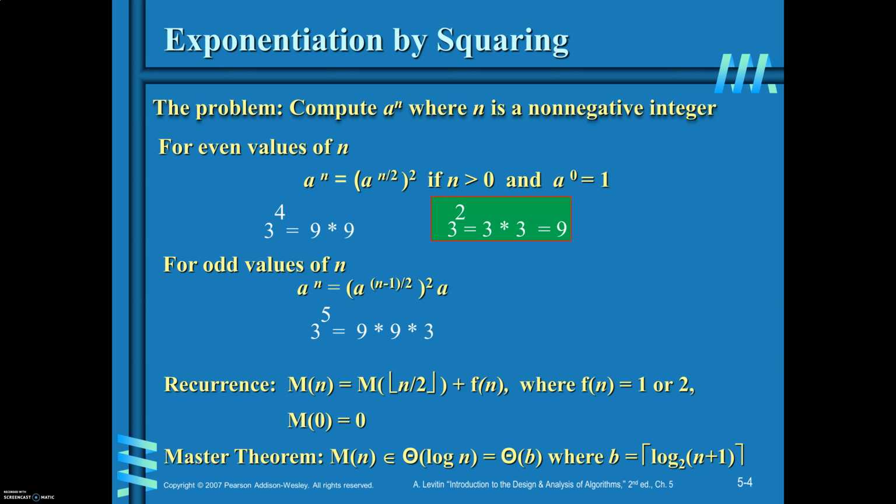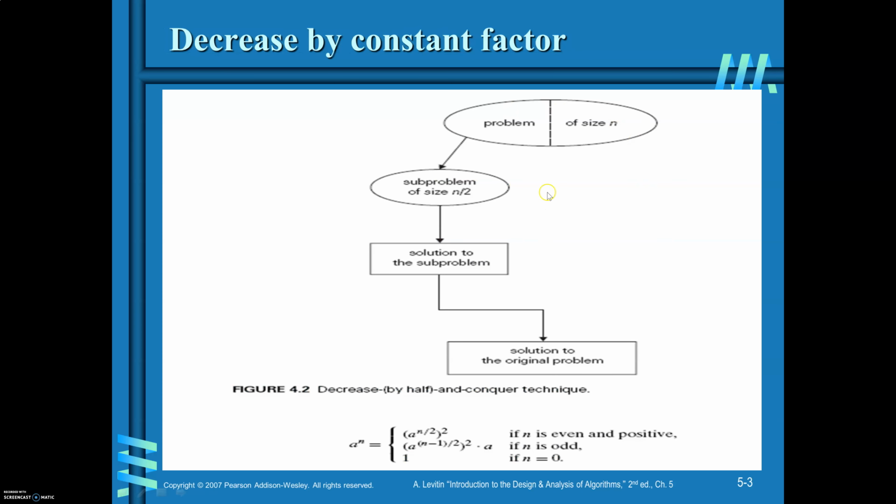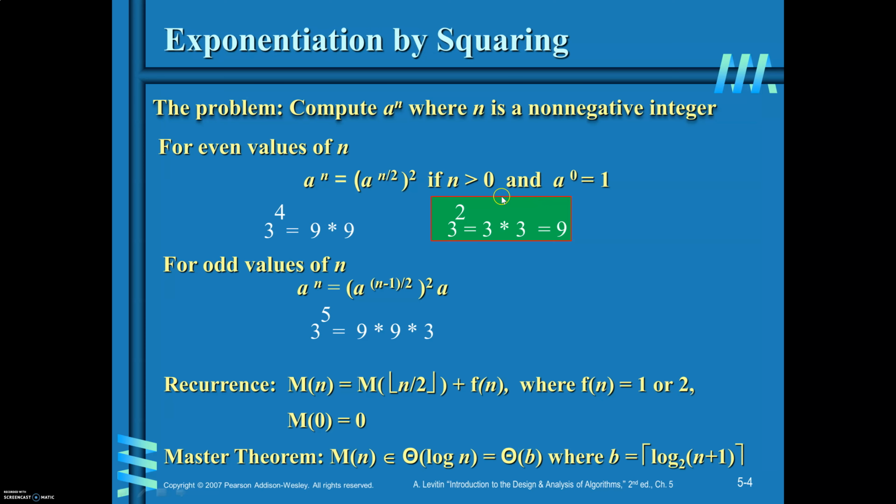Now we'll see exponentiation by squaring. You are required to find a power n by the decrease by constant factor method. Here the problem size is decreased by constant factor 2. This can be written as a power n is equal to a power n by 2, whole squared, as I already explained in the previous slide, when n is even.